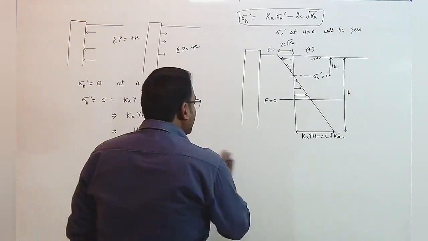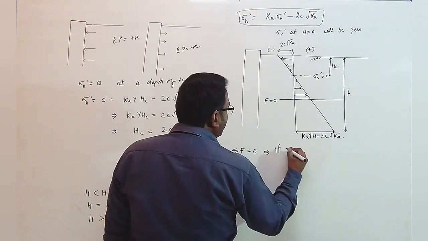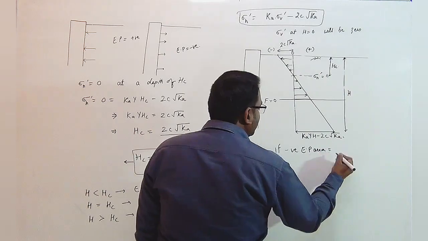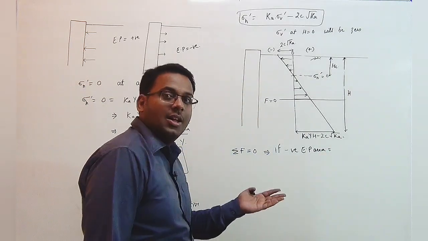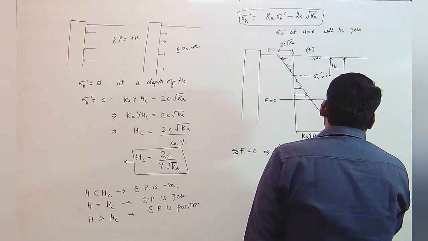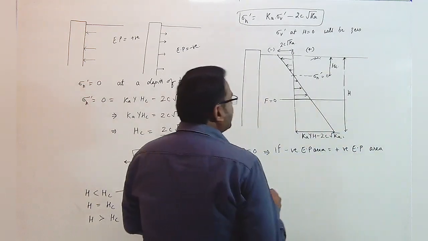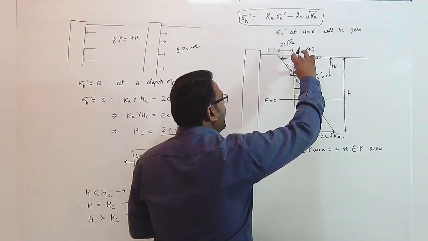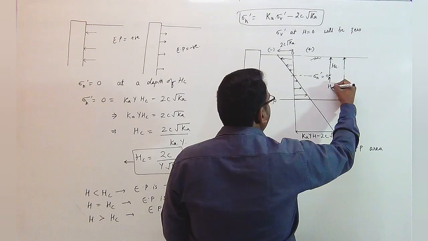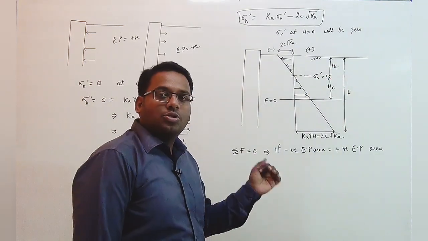And the net force will be equal to 0 if the negative earth pressure area, because force is calculated by the earth pressure diagram area, is equal to the positive earth pressure diagram area. So if this area and this area are equal, then the depth of the negative area and the depth of the positive area should also be equal.